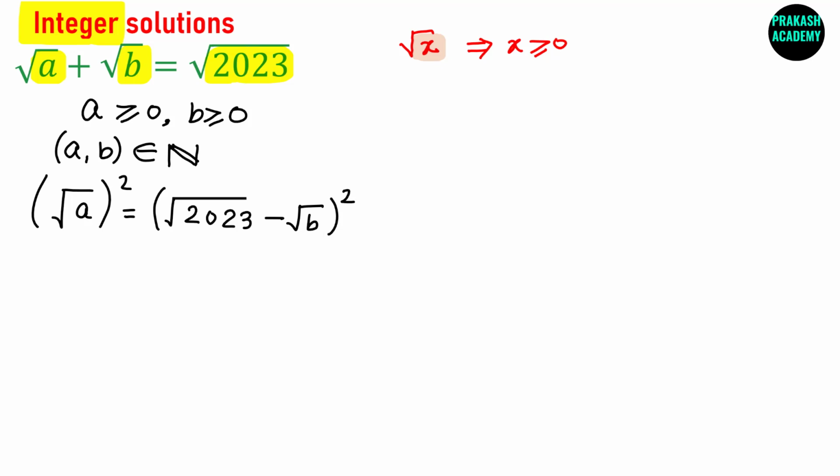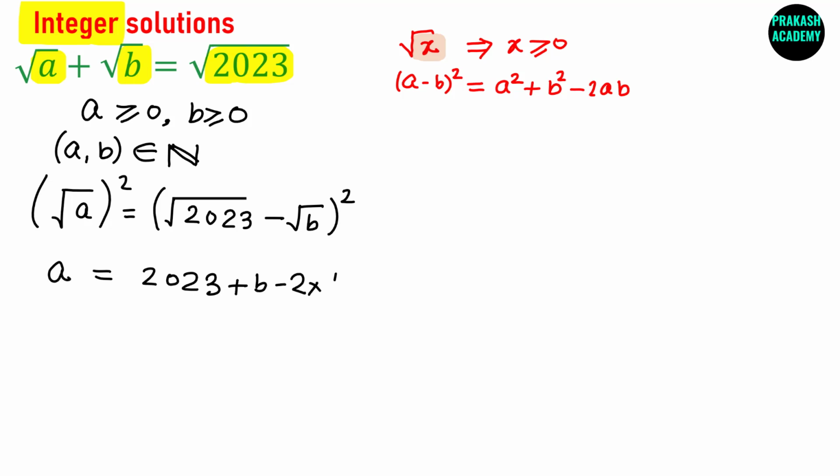If you square, I will use a formula, that is, a minus b whole square is equal to a square plus b square minus 2ab. So if I use this formula, this side becomes simply a, and this side root 2023 squared is 2023, root b squared is b, minus 2 times root 2023, that is, root a times root b.